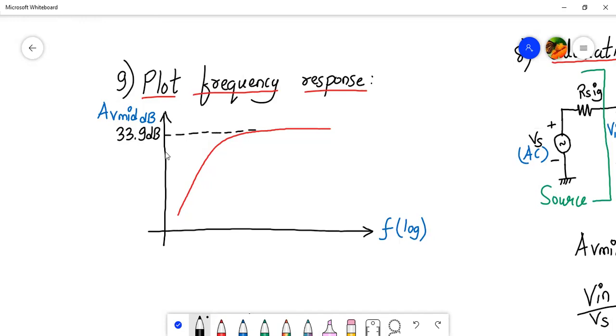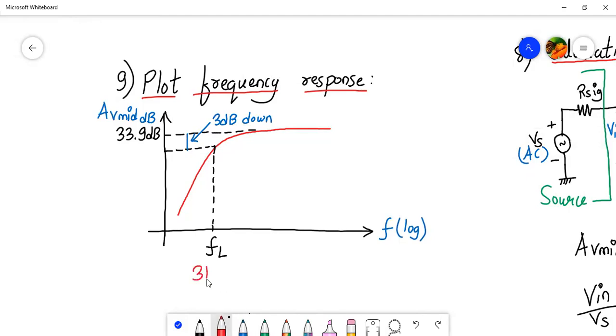Now, anyone knows how to plot FL, the lower cutoff frequency? You have to go 3 dB down. Wherever it intersects, make this marking towards the x-axis. So this is my FL. How do you do it? You go 3 dB down. When you go 3 dB down and mark it on the x-axis, that will be FL. And what was the value of FL which we got?